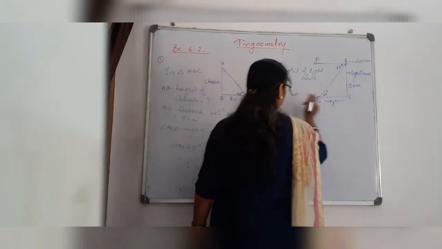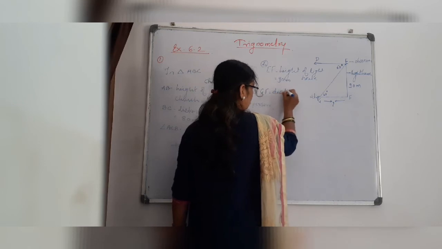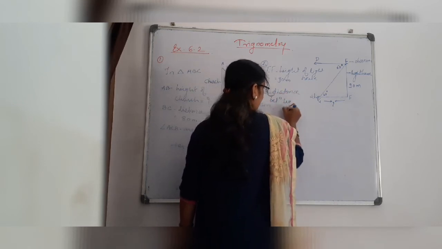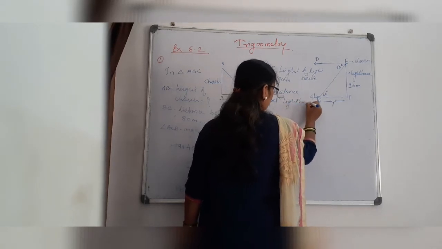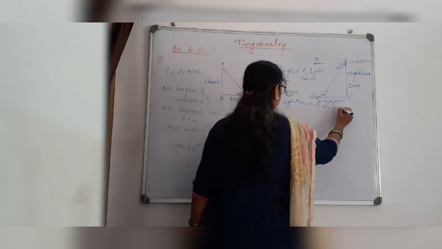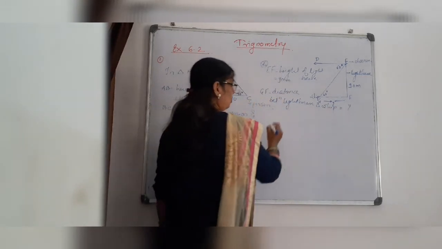You have to find GF, the distance between the lighthouse and the ship.